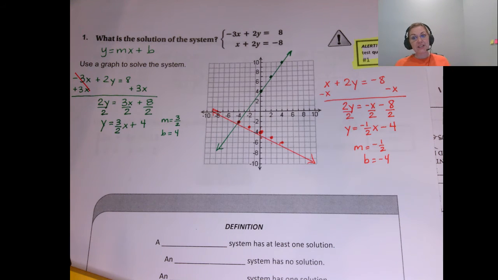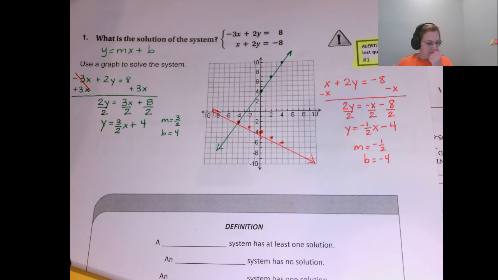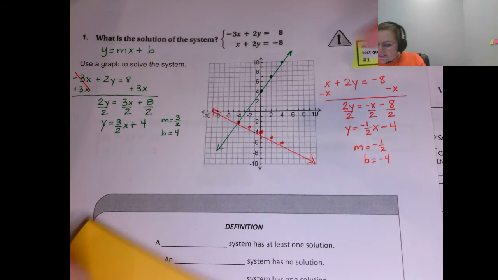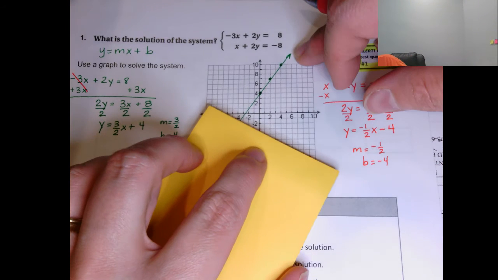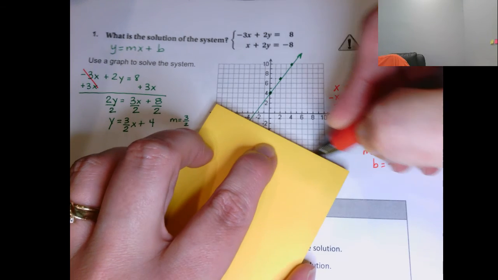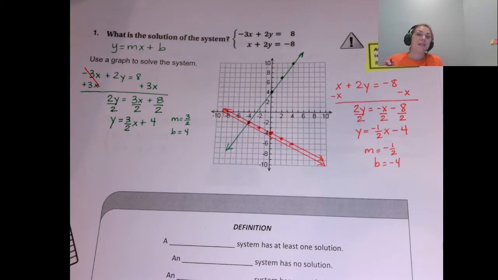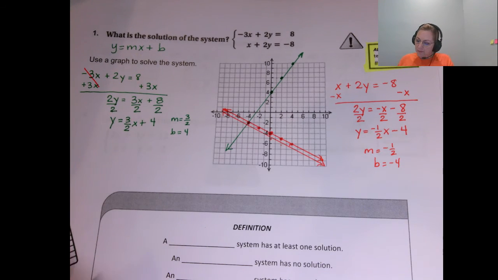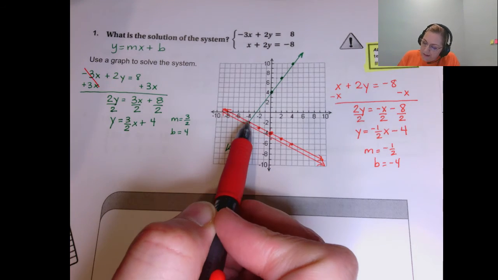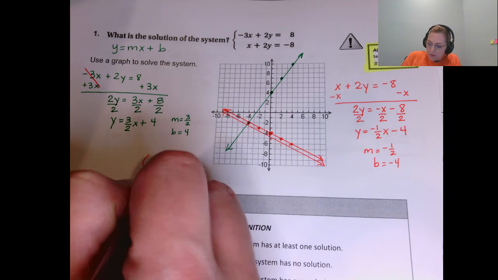So we see that the two lines intersect at this point right here. If I had drawn my line better, it would be a little bit better. Let me see if I can draw it a little bit better. I'm gonna have to come over here to be able to do that. Where it goes through all the points, there we go. All right, now what are the coordinates for that point? Well, they're -4, -2. So that means that's my solution.